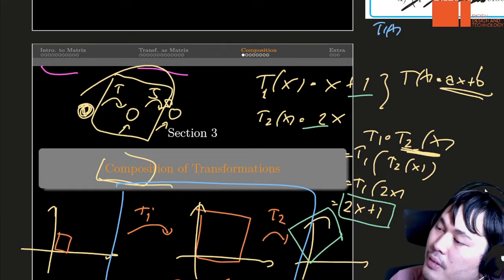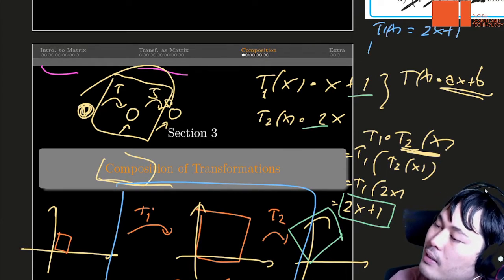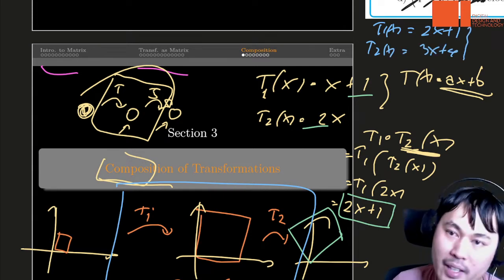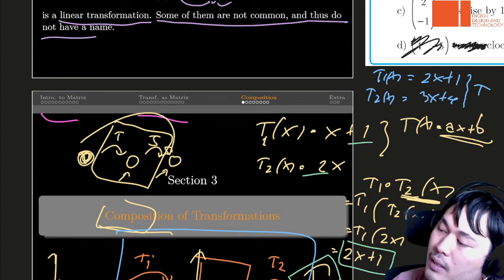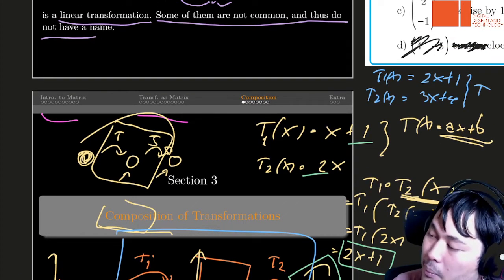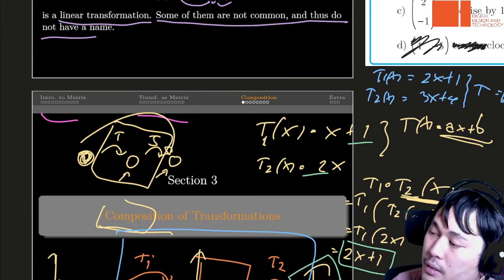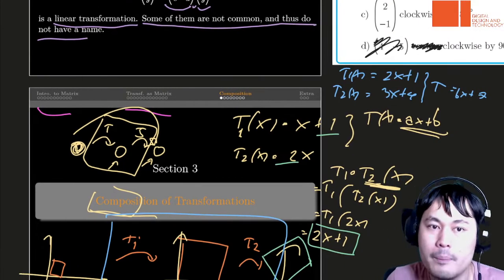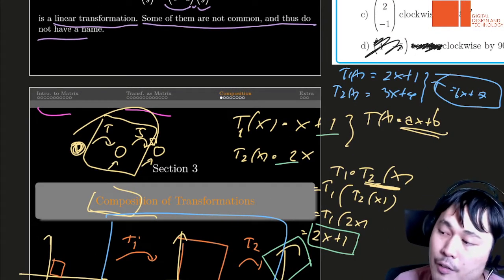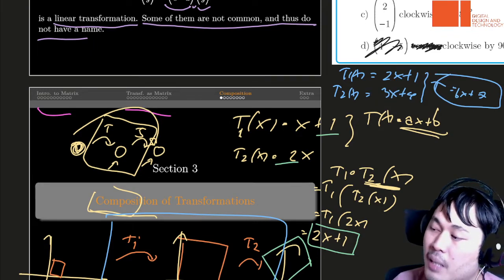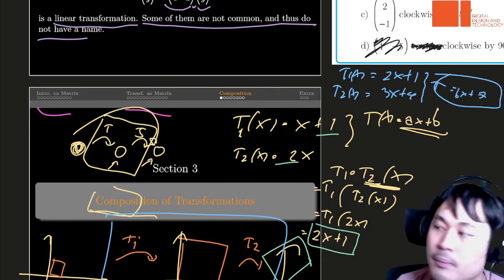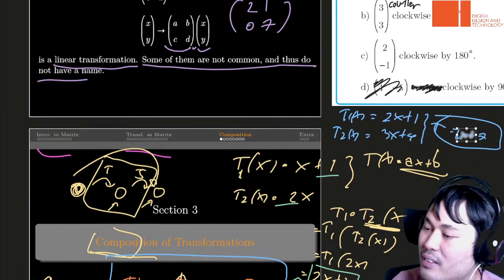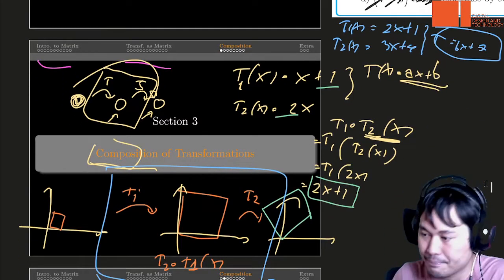For instance, you may have 2x plus 1 as one of the transformations, then 3x plus 4. But at the end of the day, if you do the math correctly, we can combine them and make, let's say, 6x plus 7. Any kind of linear transformation can be composed into just a new linear transformation. I'm just going to skip the math here, but the result looks similar to what we have at first.